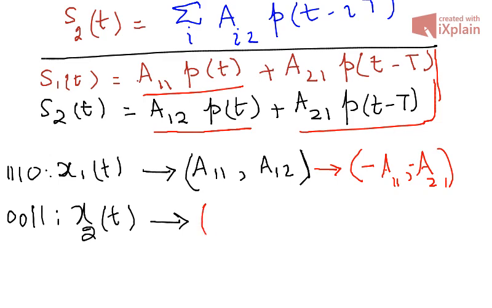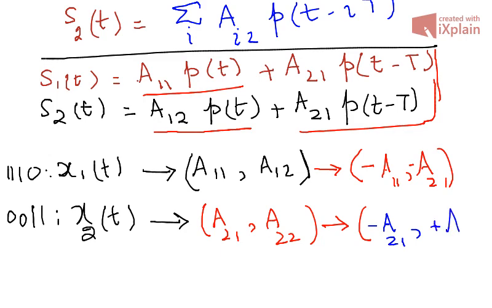Actually the coordinates are a21 and a22. These we need to transmit, and if you see the sign of these, a21 is negative and a22 is positive, right? So we need to transmit these.